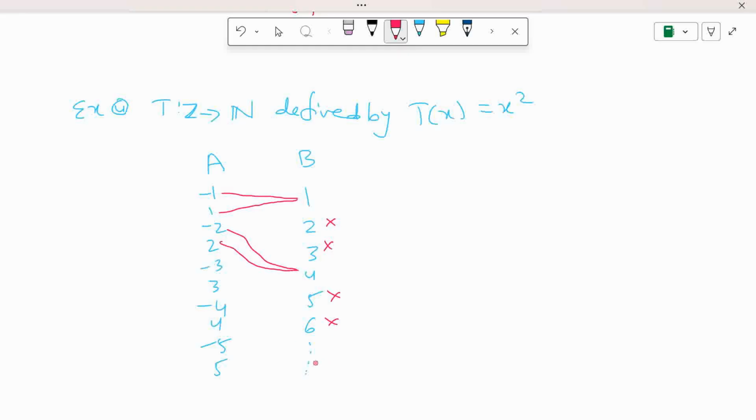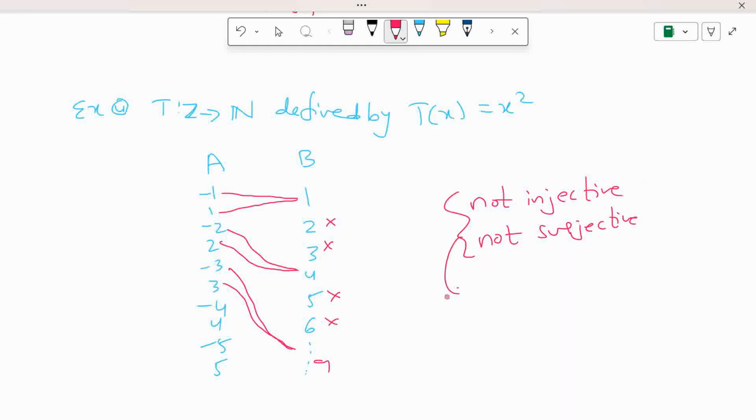Then after that we can map 9 to minus 3 and plus 3. So this is not injective, not surjective, not bijective. So based on this we can say that it is not bijective.